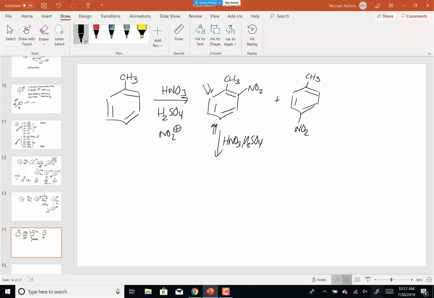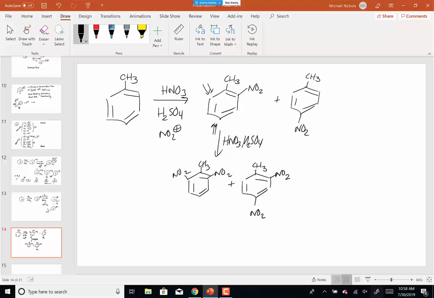Now, if there's already a group on the ring, you can't replace that group. So in this case, both groups are directing to the same two positions. So my final products are going to be, first, I'm going to add a nitro group here. And in the second product, I'm going to add my nitro group here.